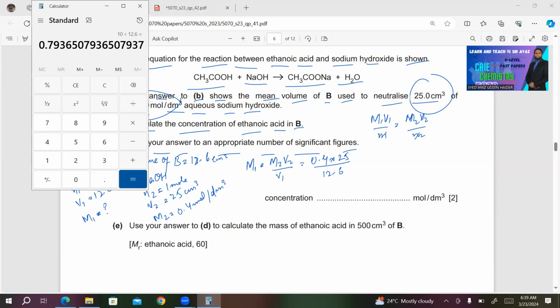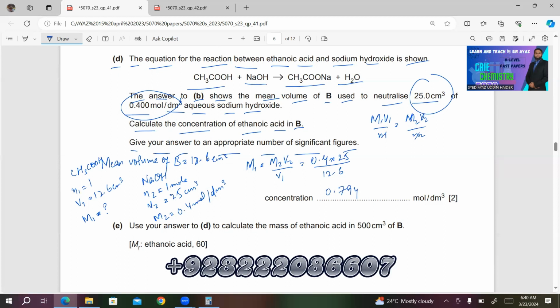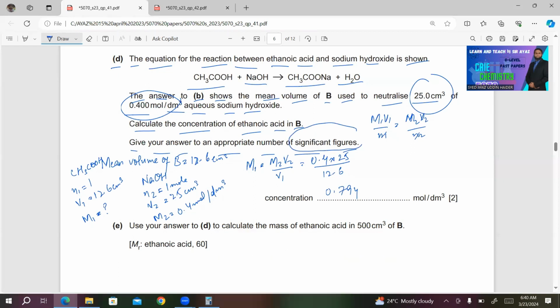You can even write 0.794. So we will write 0.794 because in the question they are saying you have to write an appropriate number of significant figures. So I will round it off to 0.794.